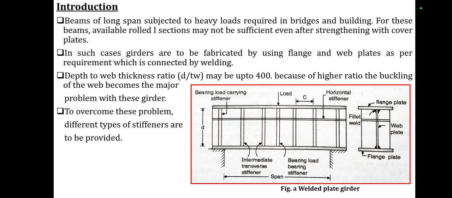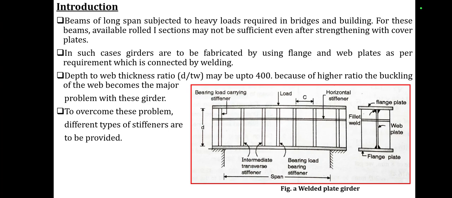In that case, we need to fabricate the beams by using flange and web plates as per our requirement, and they are connected with the help of welding. Such a fabricated structure is called a plate girder, and as welded connections are used for the fabrication, it is called a welded plate girder.